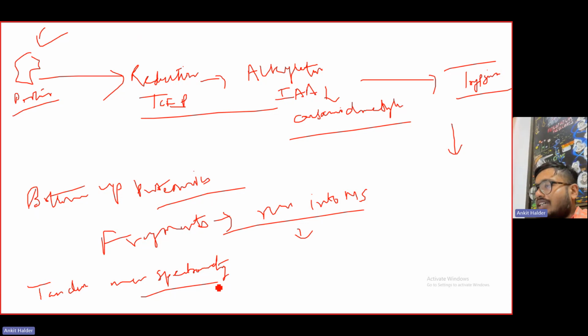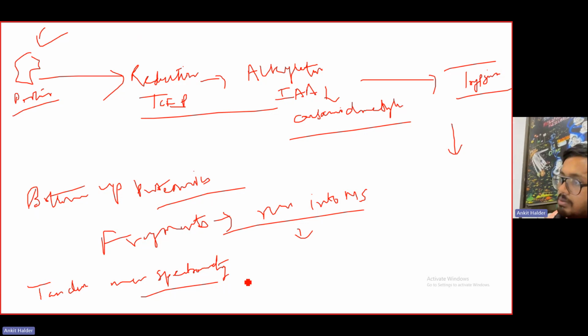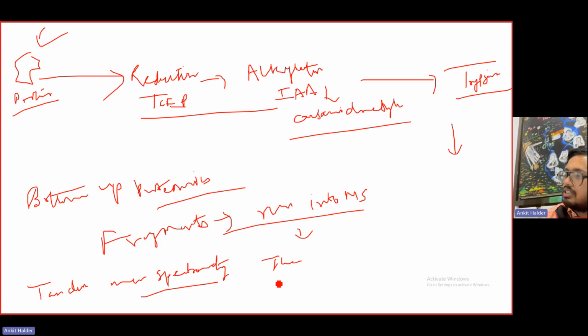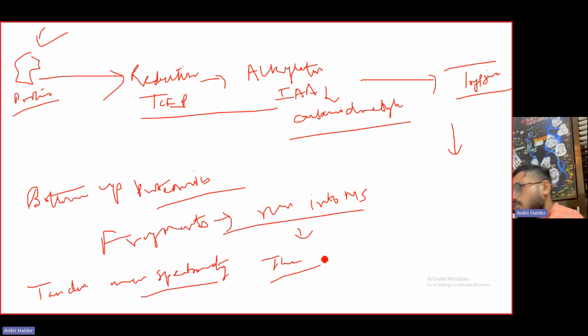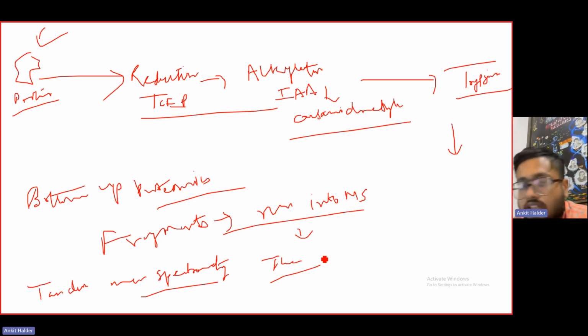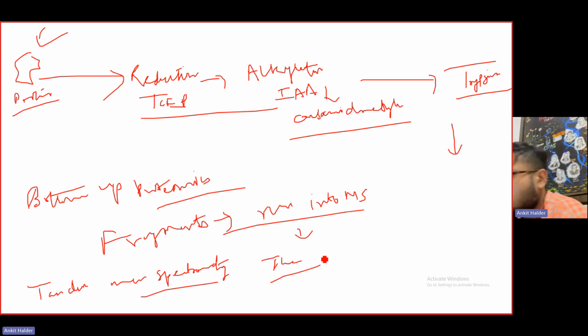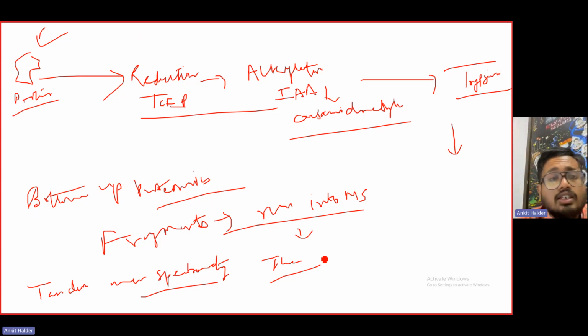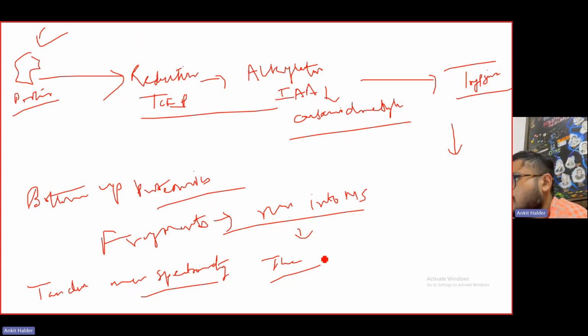Once you have deduced the sequence of the peptides, you will be matching the theoretical spectra and the experimental spectra to identify the peptides and the proteins. So this is the whole concept of proteomics, but after the sample has been run, how we identify the proteins and understand which proteins are there, that is what we will be looking into now, right?